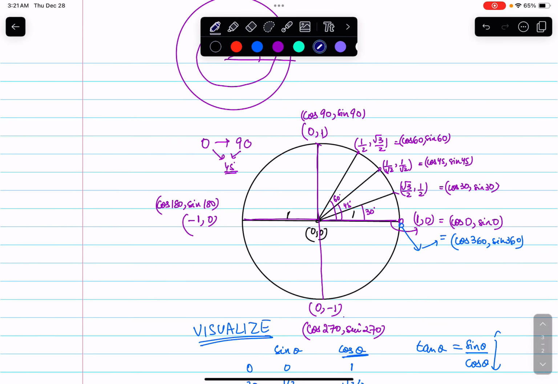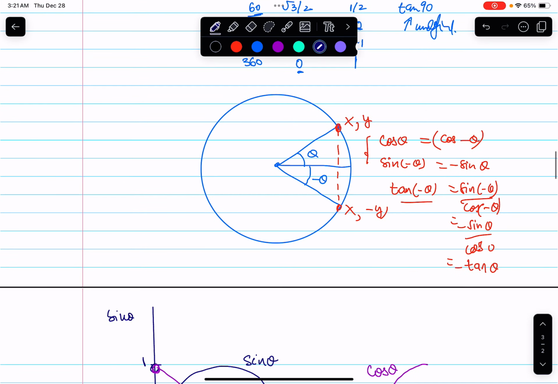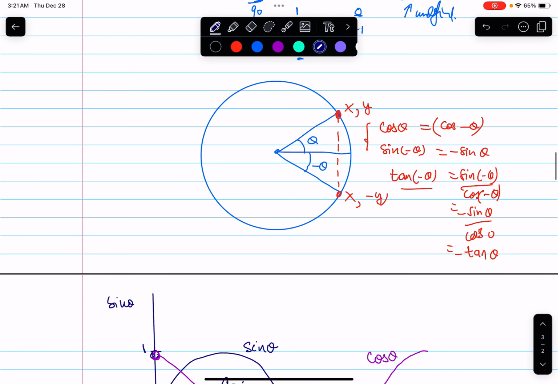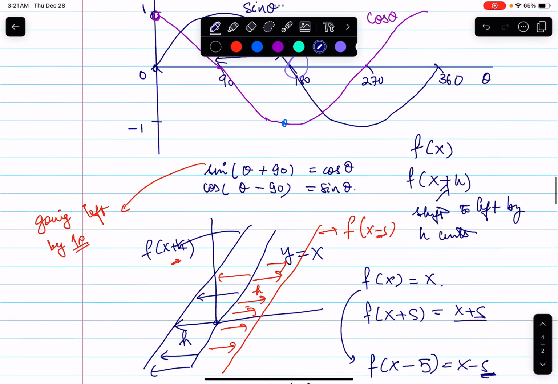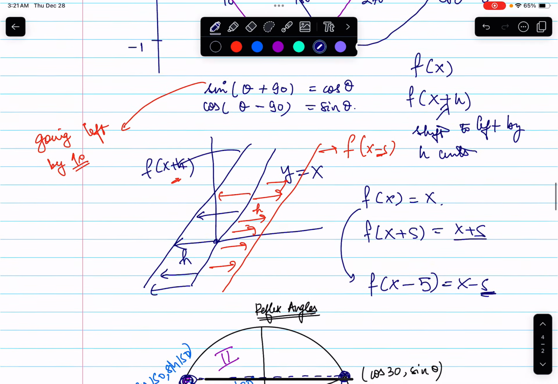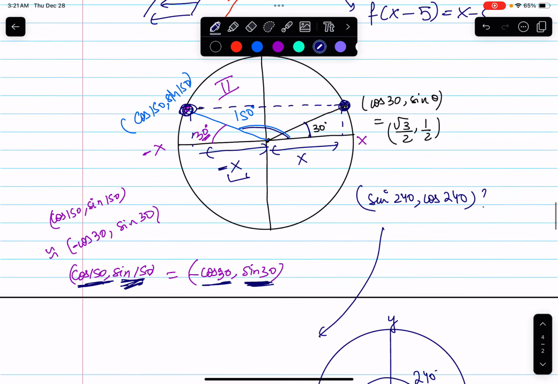Then we looked at all the special angles you need to know. Then we also showed how cosine of negative theta is cosine of theta and sine of negative theta is negative sine theta. Then after that we looked at a few transformations. Okay.